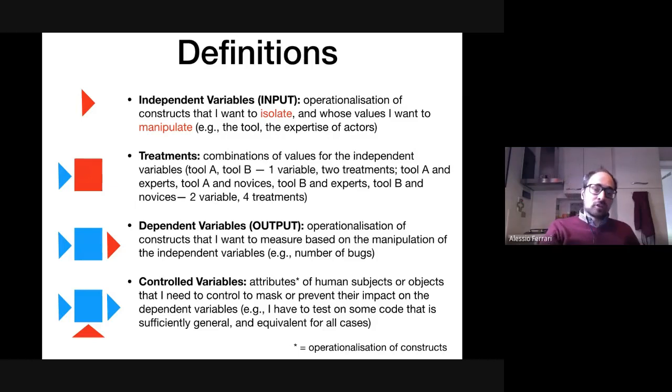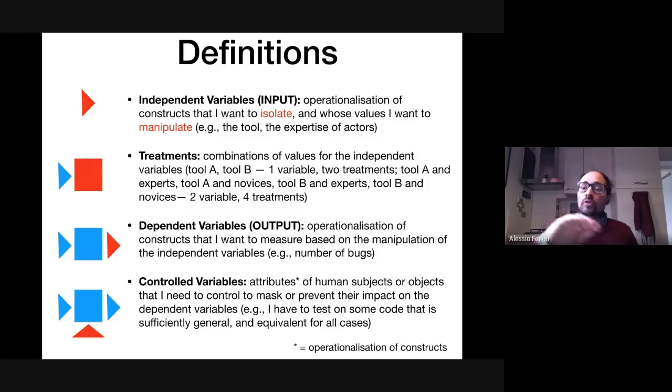And finally, controlled variables. We discussed them extensively, and these are again operationalizations of constructs, but in practice they are attributes of human subjects or objects, as we saw before, that I need to control to mask or prevent their impact on the dependent variable.